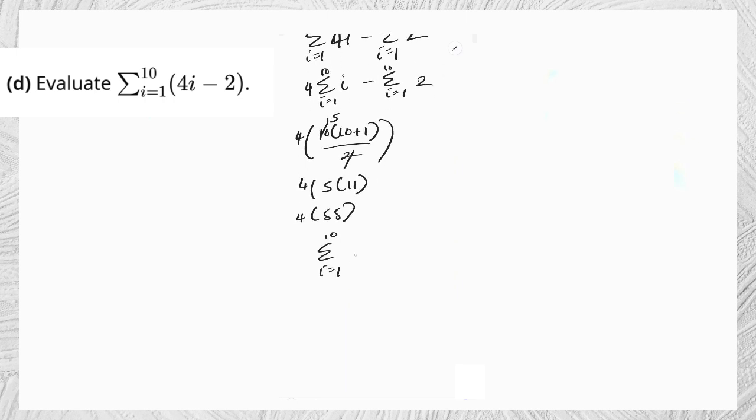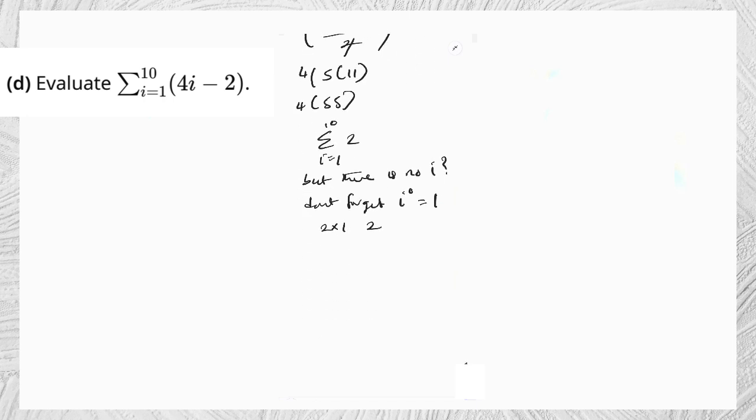Now for us to solve the other side, we know that 2 is alone, but don't forget, i raised to power 0 is the same thing as 1. So we are going to convert 2 times 1, the 1 that is not shown here, to i raised to power 0. When you convert it to i raised to power 0, all you have to do is slot in 1 up to 10. So then we are going to have 2 times 1 raised to power 0, 2 times 2 raised to power 0, 2 times 3 raised to power 0, up to 2 times 10 raised to power 0.